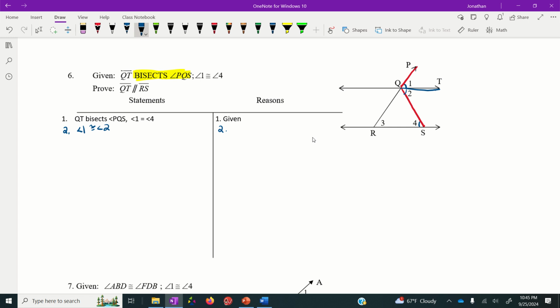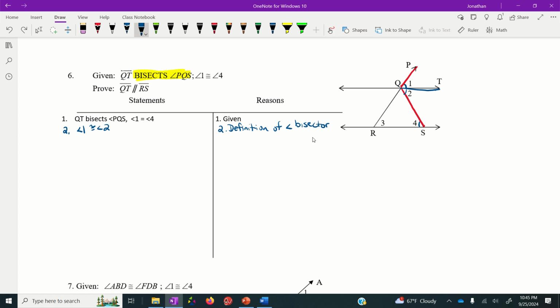All right. And remember that the word is bisects. So that's going to be definition of. And what are we bisecting? We're bisecting an angle. So definition of angle bisector. Okay? And that's it. That's how we write up that statement. So now that we know that that's true, we can mark that up in our diagram, right? We can mark angle 1 congruent to angle 2.